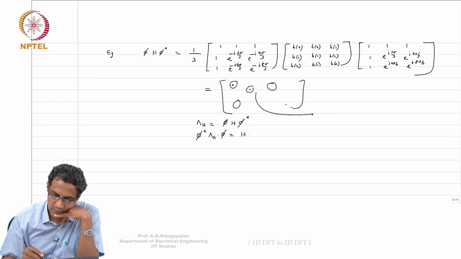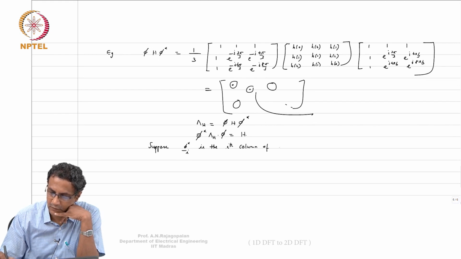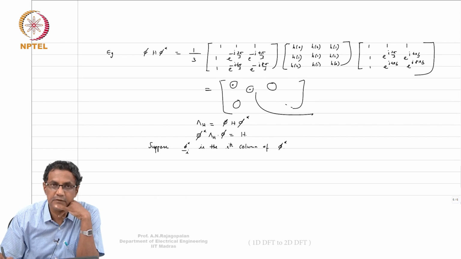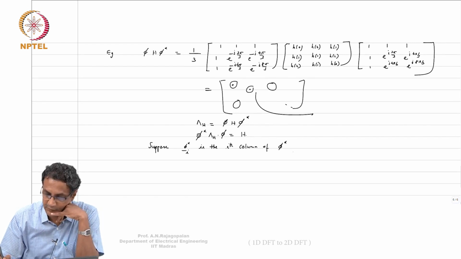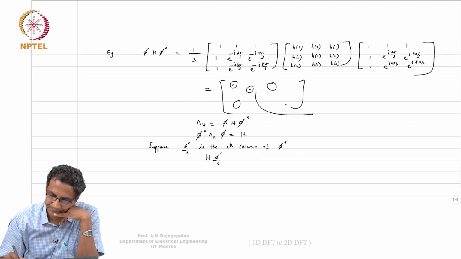So now suppose I call phi i star the ith column of this matrix phi star. Then you can see what will happen if I act H on phi i star.